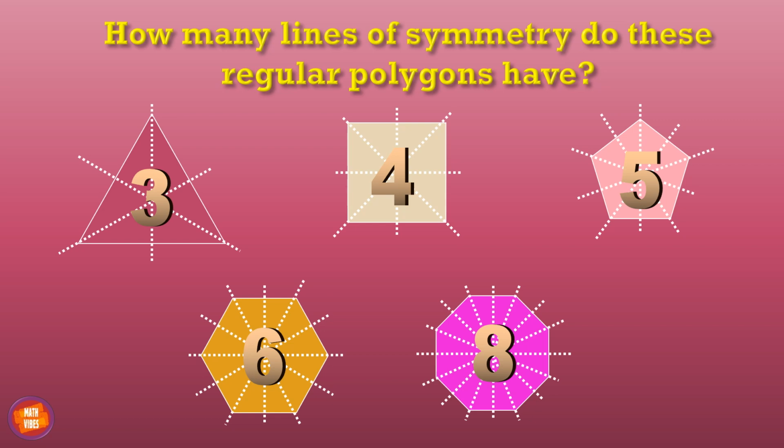Okay, now if it is 4-sided, like a square, the number of sides is 4, so it will have 4 lines of symmetry. In a pentagon the number of sides is 5, so it will have 5 lines of symmetry. In a hexagon the number of sides is 6, so it will have 6 lines of symmetry. In an octagon the number of sides is 8, so it will have 8 lines of symmetry. Okay, so that is the pattern that you have to see over here.